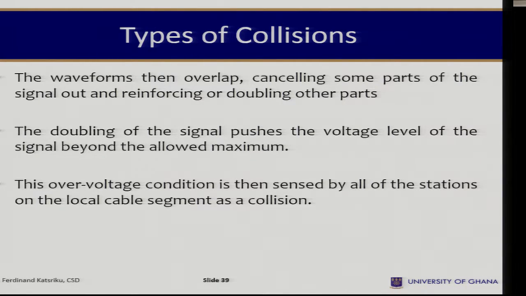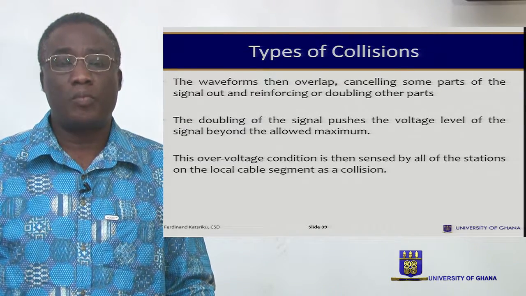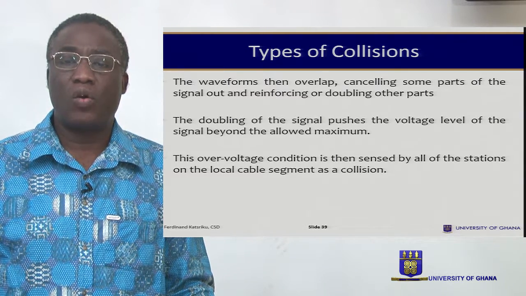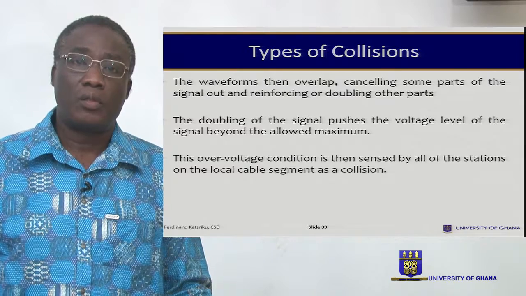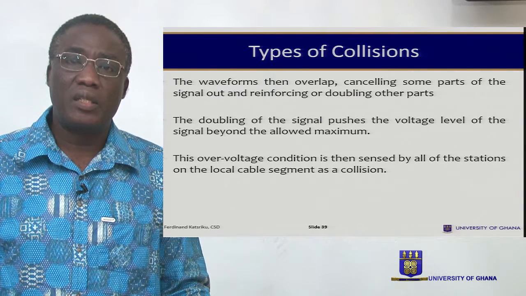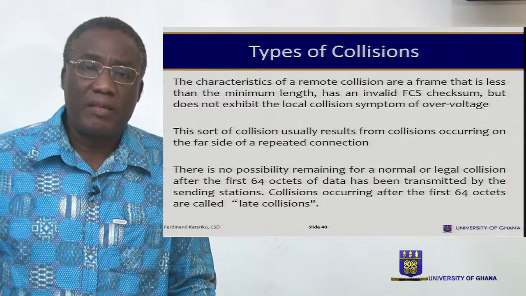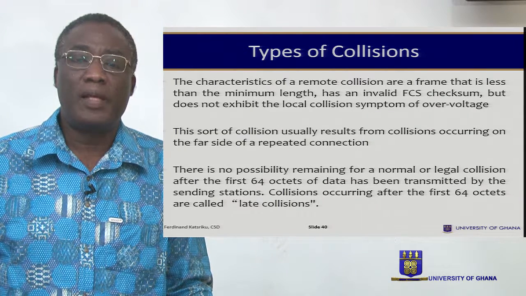The doubling of the signal pushes the voltage level beyond the allowed maximum. This overvoltage condition is then sensed by all of the stations on the local cable segment as a collision. So the way you detect a collision is by what? Seeing an overvoltage.